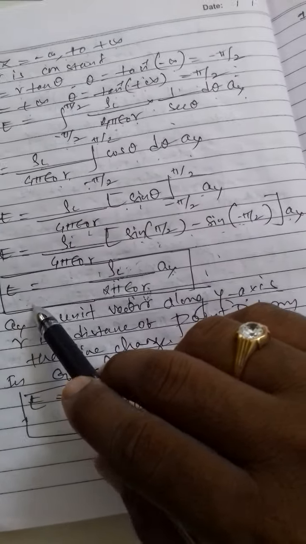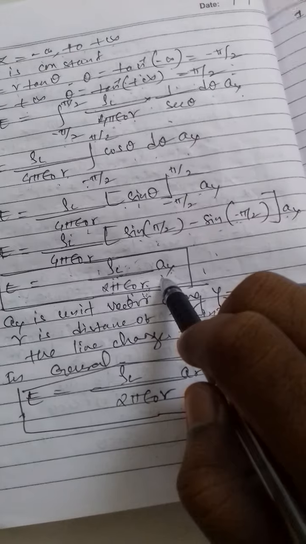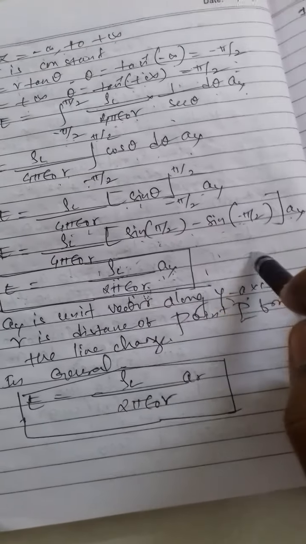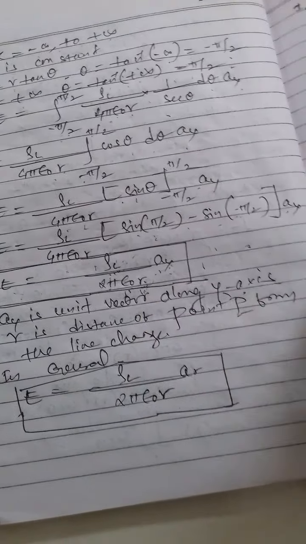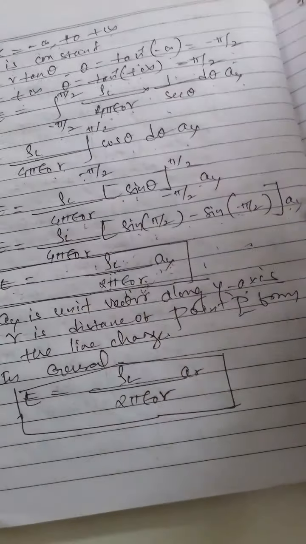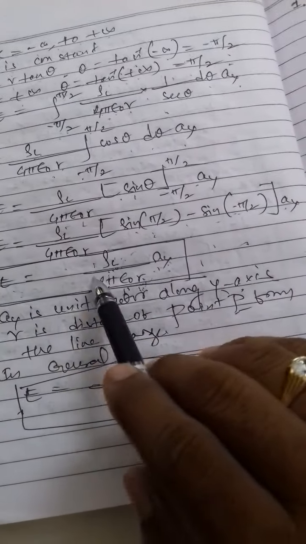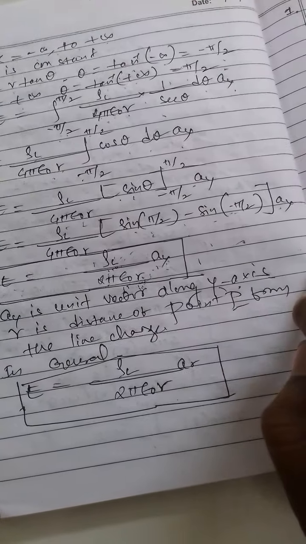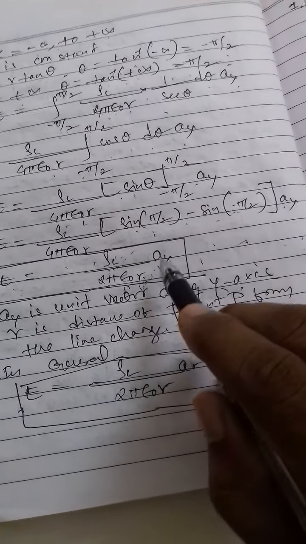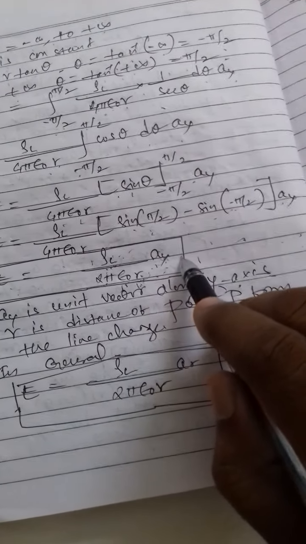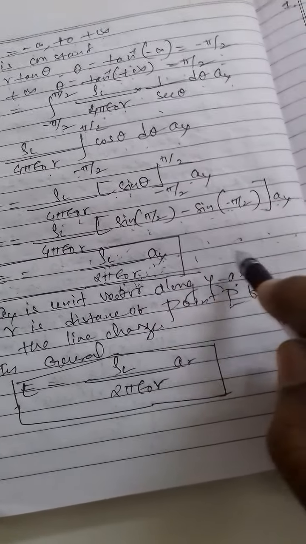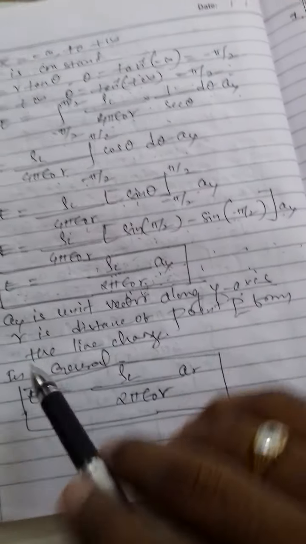Another point to be noted is that it also depends upon the unit vector in its direction. Since the point P is along the y axis, the electric field intensity is also along the y direction, so this ay is a unit vector in the direction of the electric field intensity.